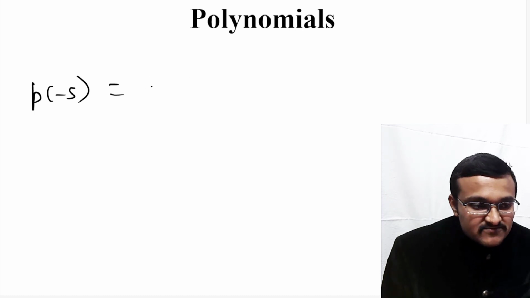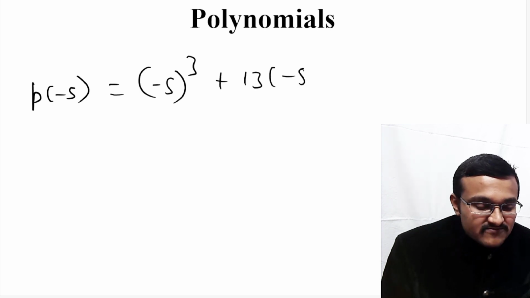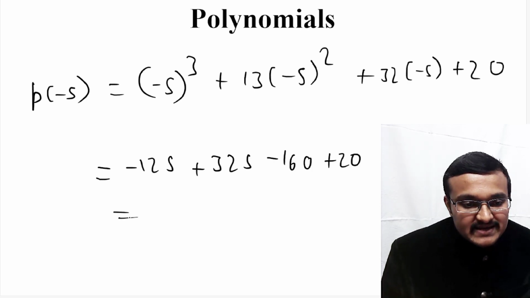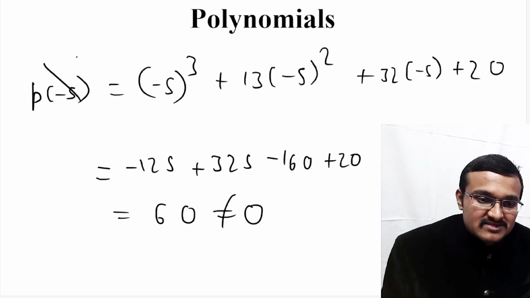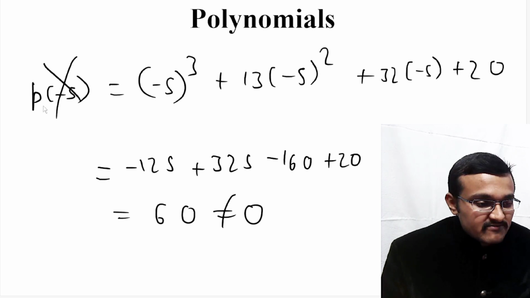So p of minus 5 is minus 5 whole cube plus 13 into minus 5 whole square plus 32 into minus 5 plus 20. Here you are getting the answer as 60, which is not equal to 0. So x plus 5 is also not a factor of this polynomial.